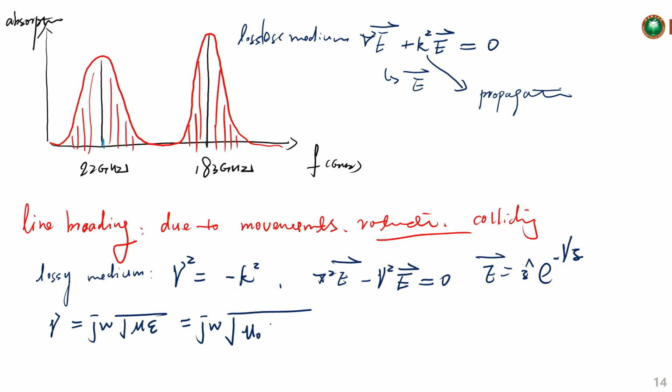Because the dielectric constant becomes a complex value, we use epsilon naught in vacuum, and this one is the relative permittivity, or the relative dielectric constant. This term is related to the speed of light in vacuum, so it can be expressed as j omega over c times square root epsilon.